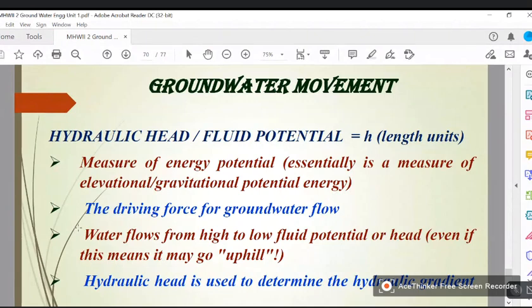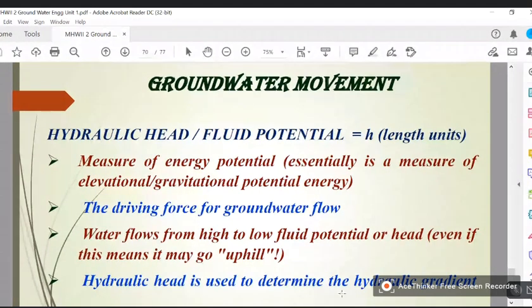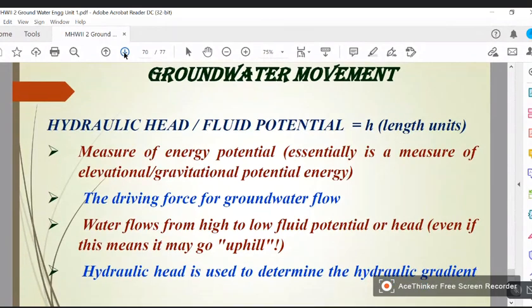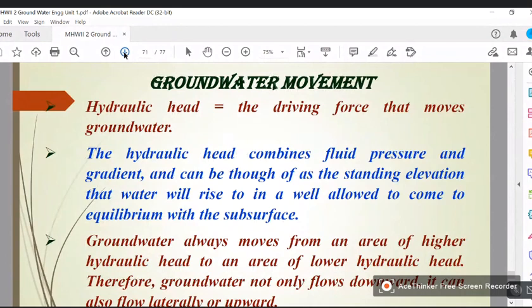So hydraulic head is used to determine the hydraulic gradient. Hydraulic head is that pressure head. The hydraulic head combines the fluid pressure and the gradient. See, there will be a natural gradient of the pipe or aquifer.